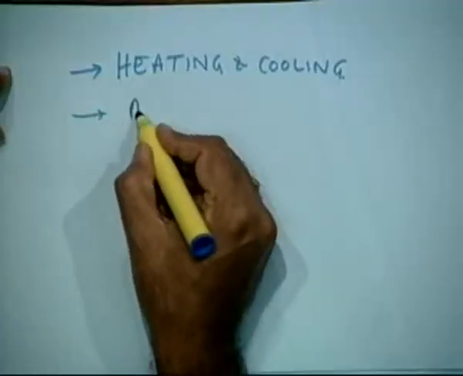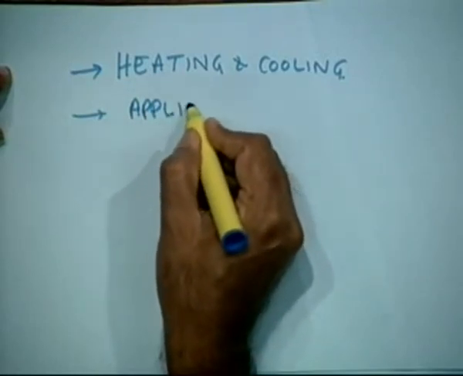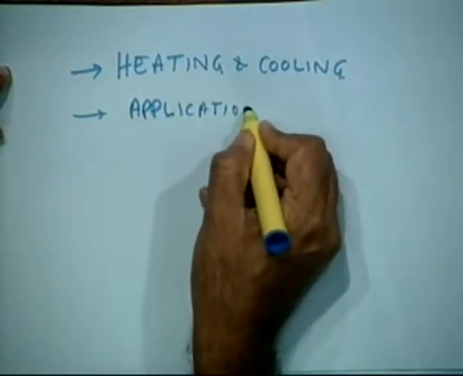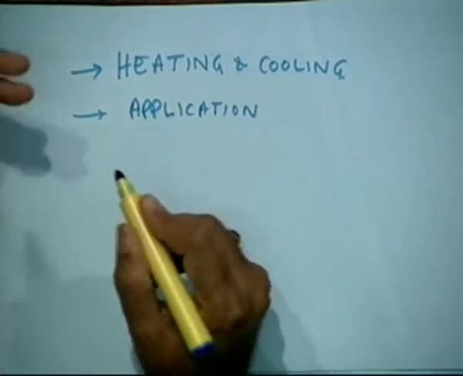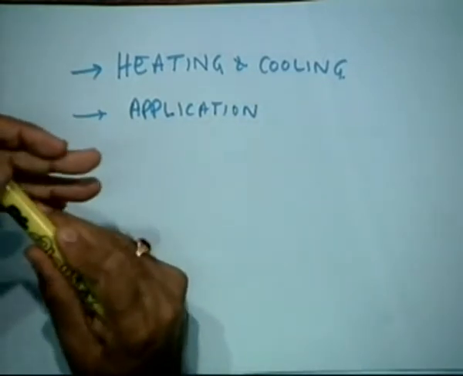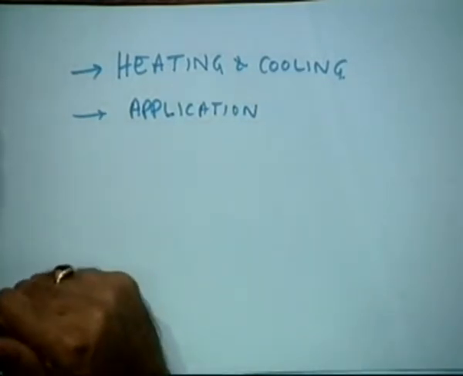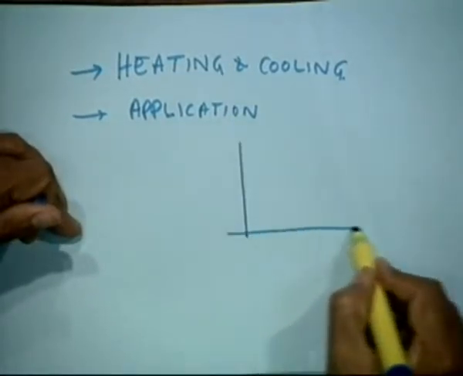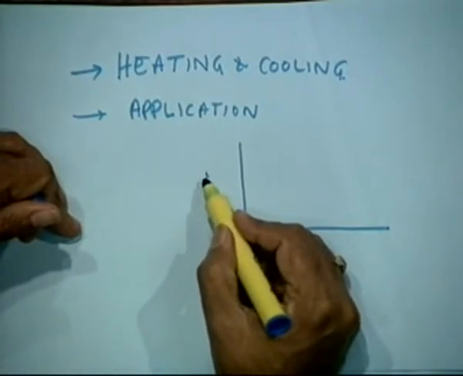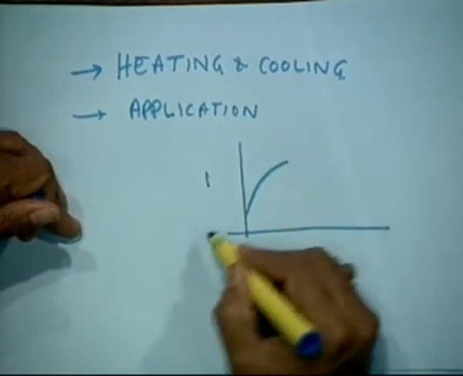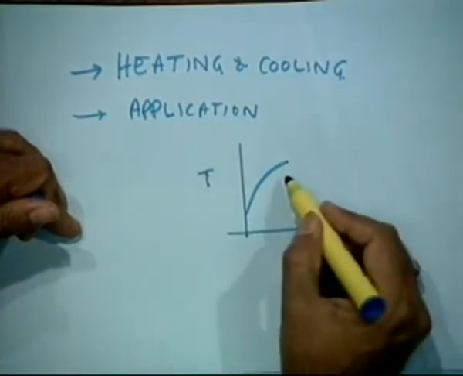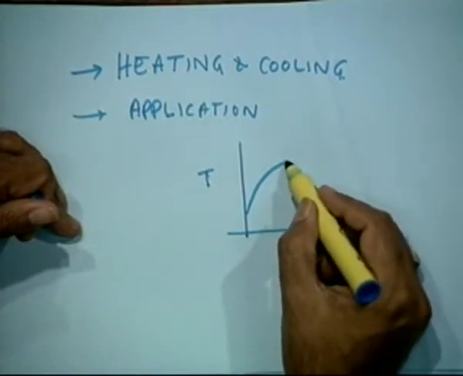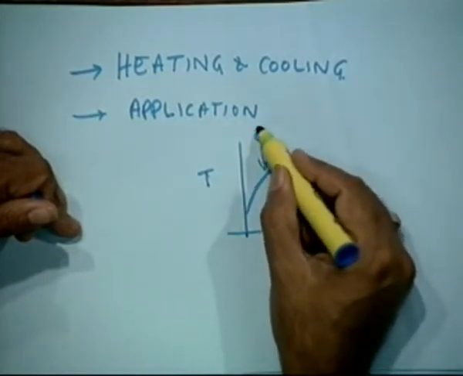Other is application. You may have a motor which is only used for 5 minutes an hour, right? So it depends upon the type of power that you are going with the temperature. When the power is on, the temperature rises.